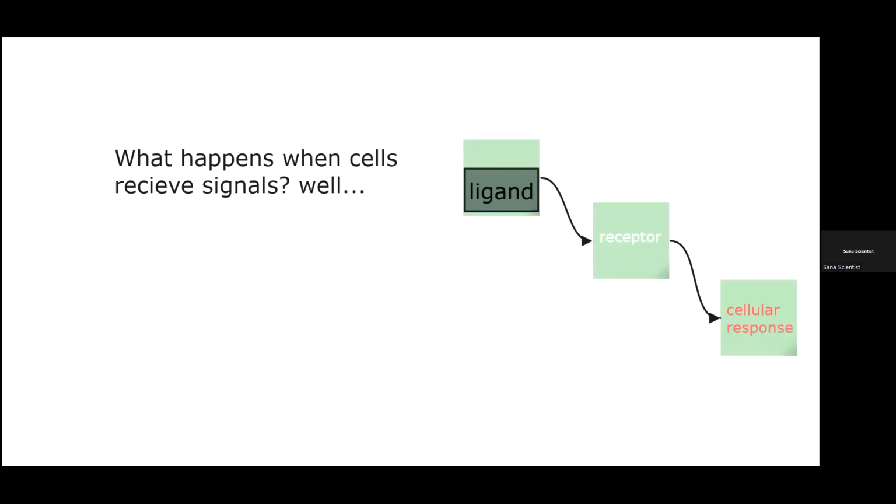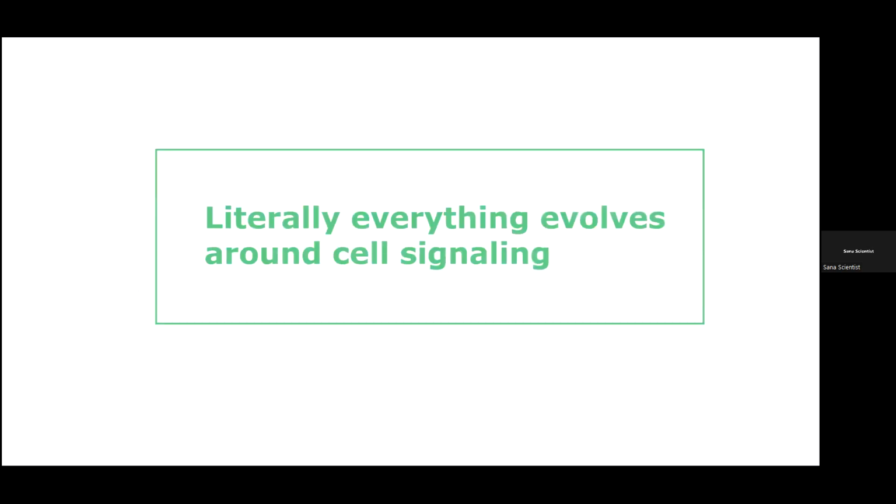Okay, so what happens when cells receive signals? The ligand is there, the receptor is there, and we have the cellular response, change in phenotype, or any biological function or effect, but actually it's more complex than that. It really is. So we have the cell signaling pathways, which are more complicated than you could ever imagine.